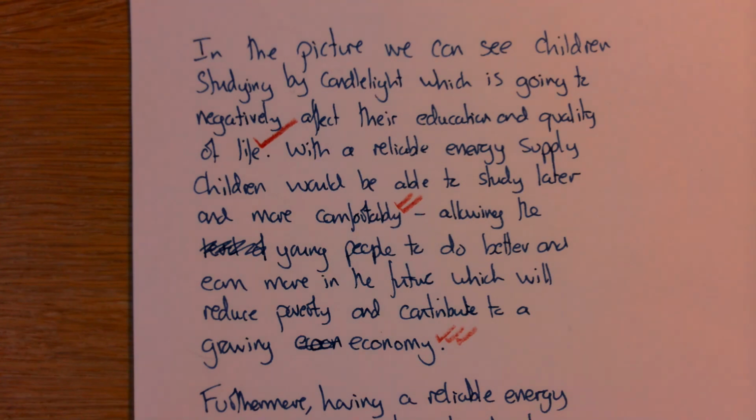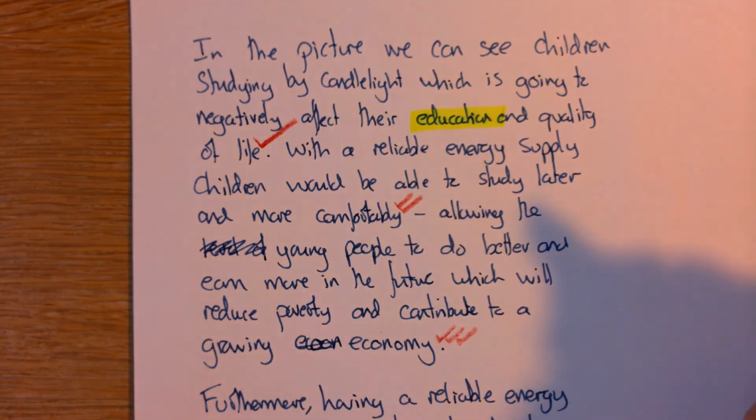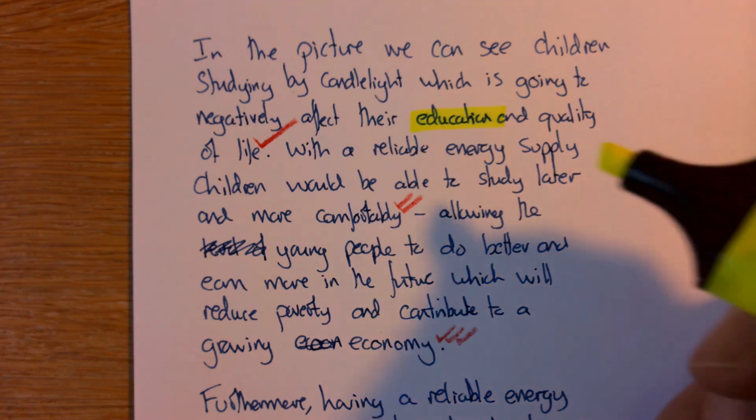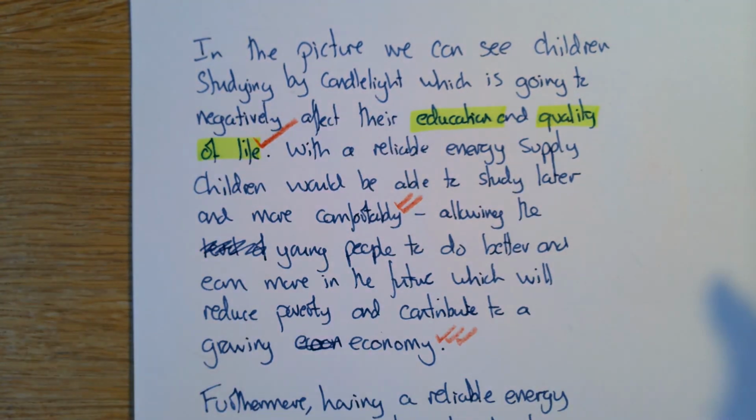In terms of key words in this answer so far, I know it's not a word that is difficult, but it is useful to make sure we're using language that professionals would use. So we talk about education, quality of life, energy supply.